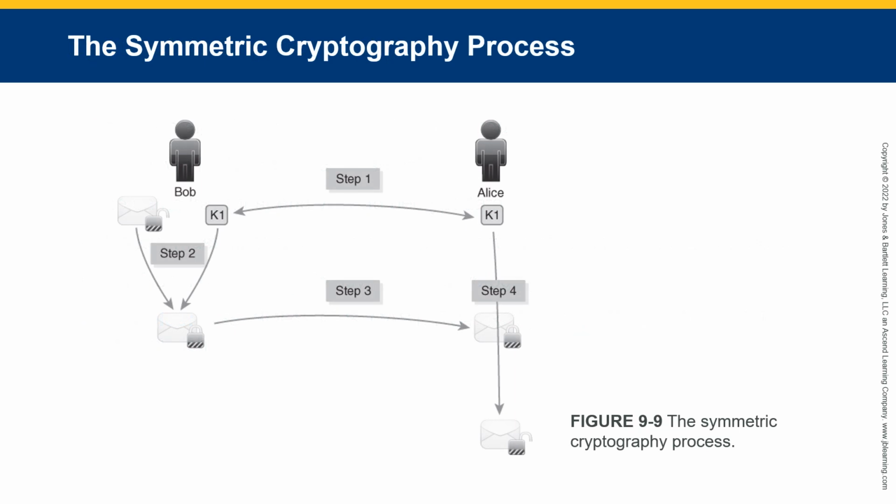All right, now here's the symmetric cryptography process. We have our famous Alice and Bob. Alice and Bob want to communicate and encrypt stuff. So what happens is Bob and Alice exchange the keys.